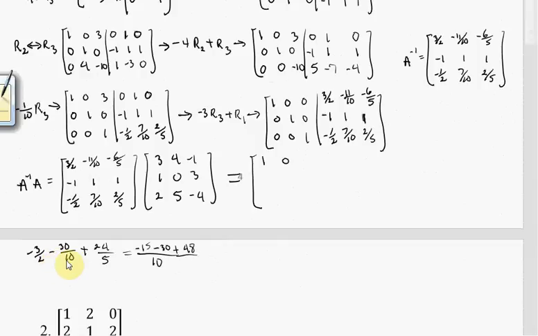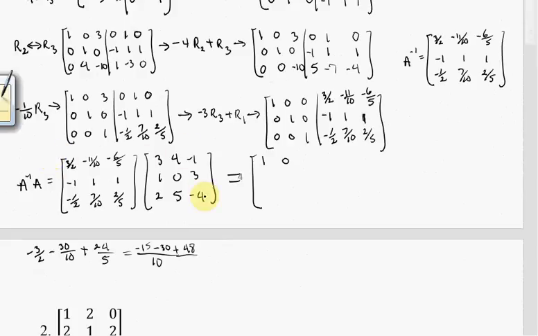Let's see, where did we get that from? That was first row, second column. Oh, I'm doing the wrong one.